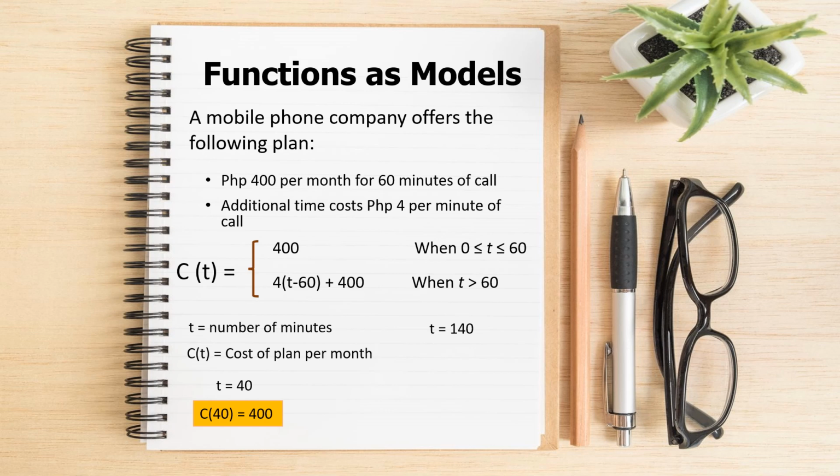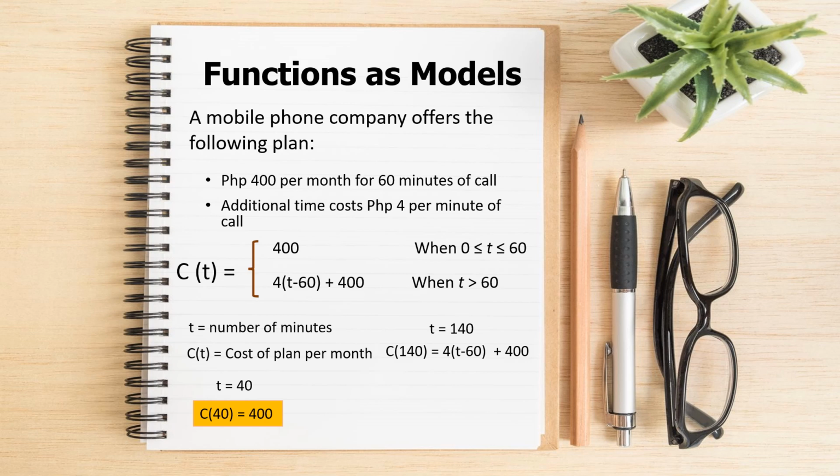When your T is 140, you will use the second formula because 140 is greater than 60. So C of 140 equals 4 times (T minus 60) plus 400.